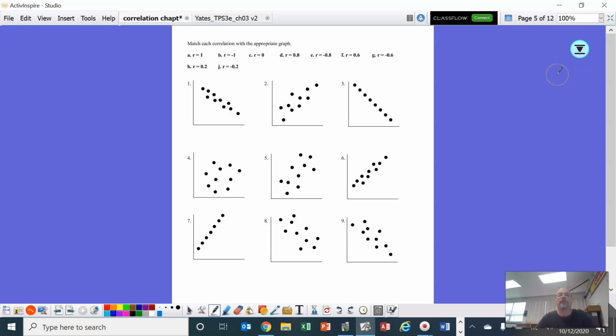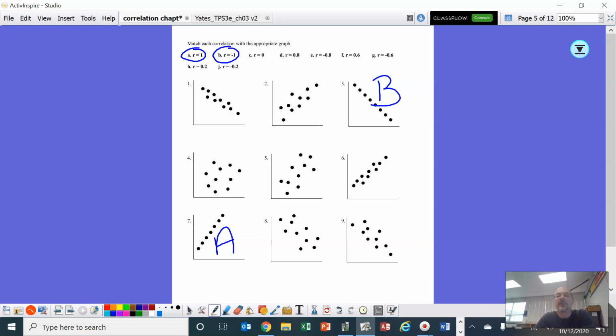Yeah, that works. Okay. So I noticed right away that 3 and 7 are perfectly straight. Well, we know that the 3 is a perfectly -1 correlation. So B is going to go with that. All right. The 7 is perfectly positive. So that has to be the A.